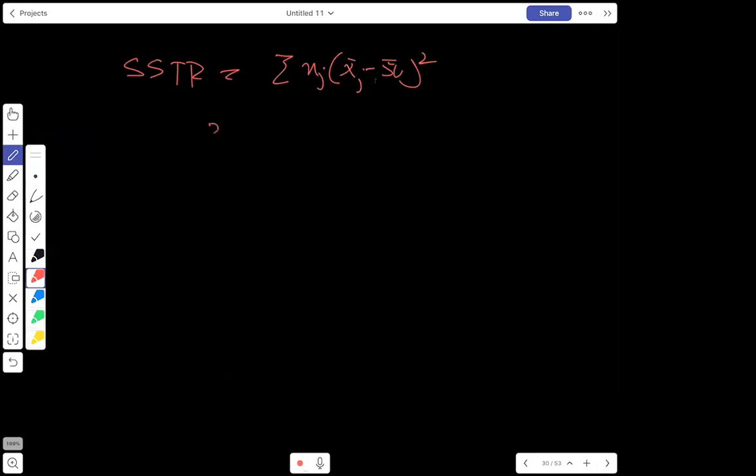So x double bar is if we add up everything, xij, and we divide by sample size n. In other words, we add up everything across the 3 groups and then we will get x double bar, all right? And then to get x bar, you will take each group independently and average them to give you the sample means.